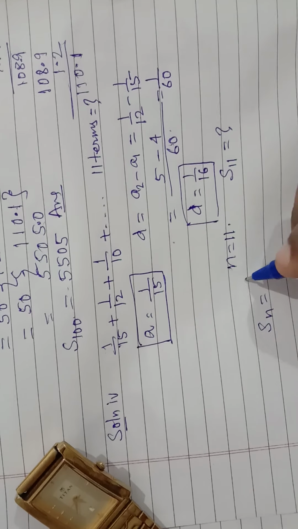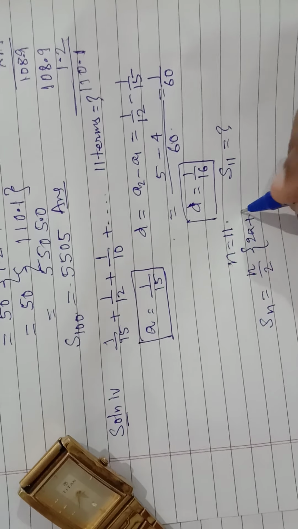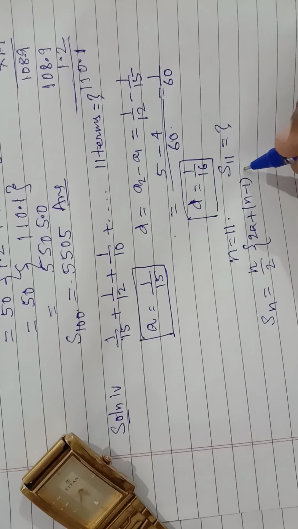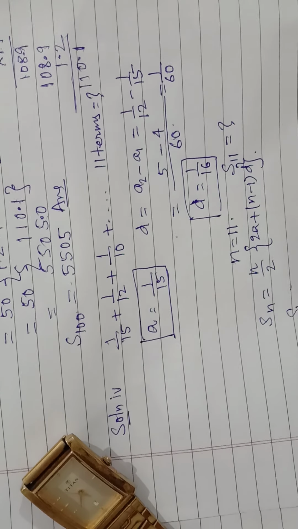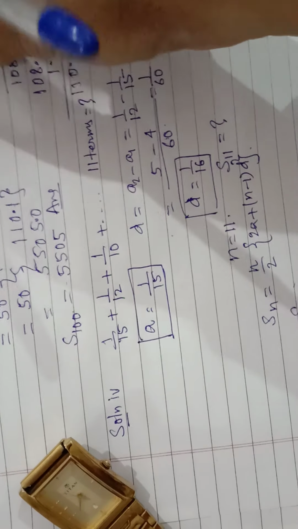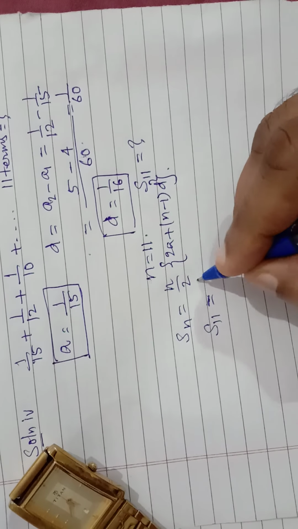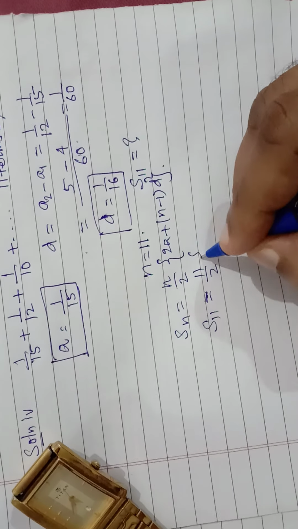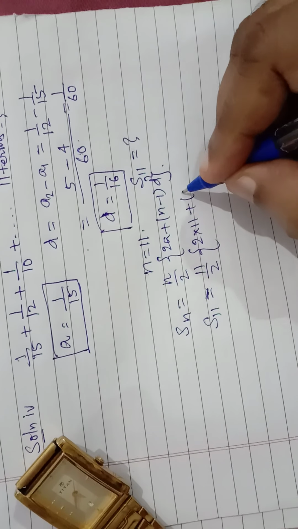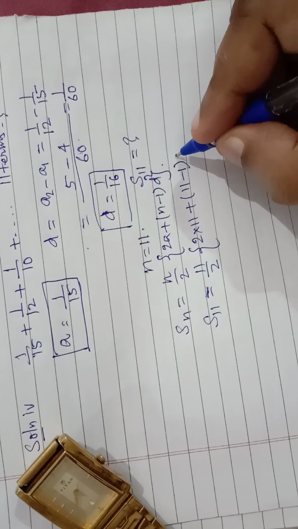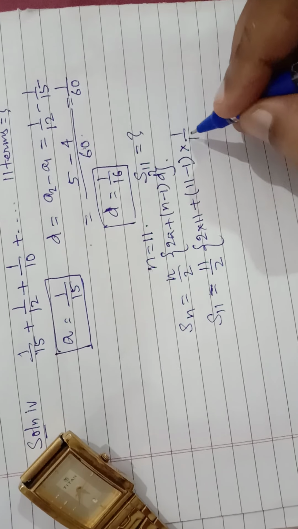Sn is equal to n by 2 into 2a plus n minus 1 into d. So S11 is equal to 11 by 2 into 2 into a plus 11 minus 1 into d. Here d is 1 by 60.